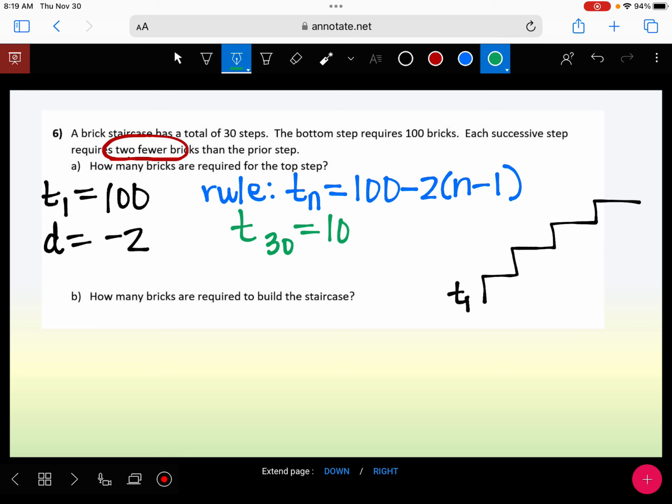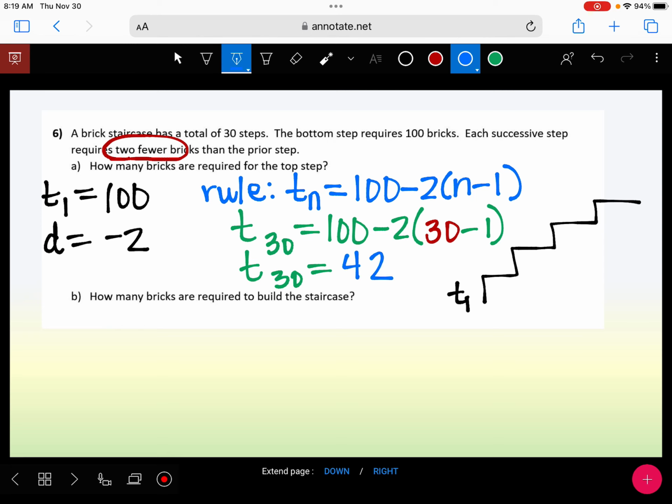So using your general rule, figure out how many bricks they use for the 30th step. And who got 42 bricks?